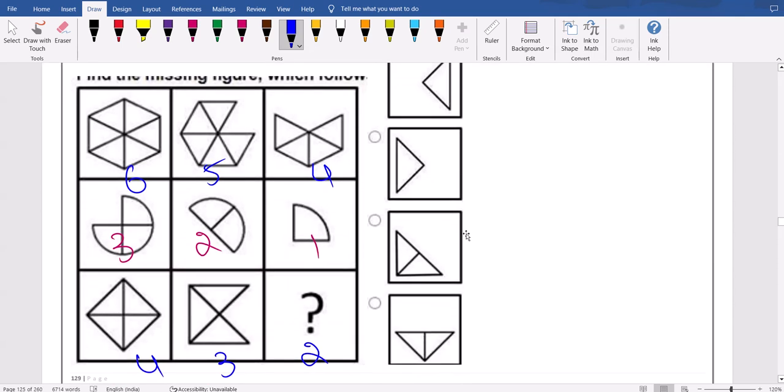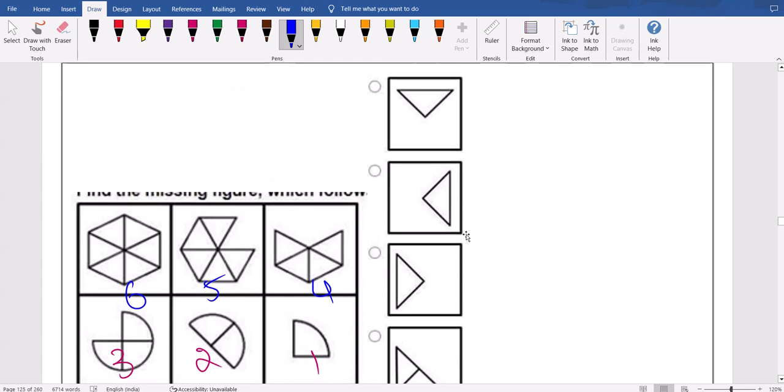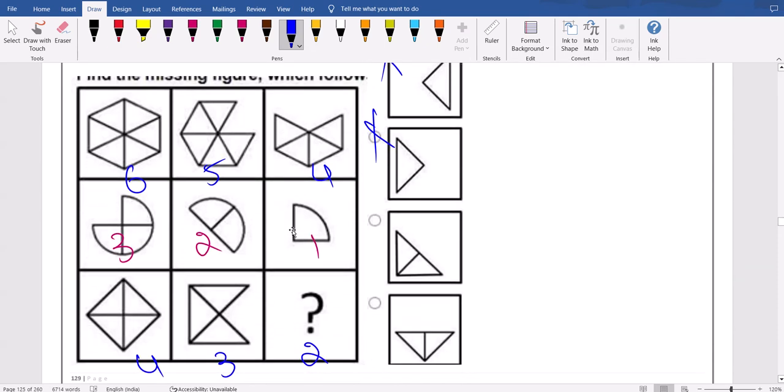That is covering half of the square area. This is not the answer, this is not the answer, this is not the answer. But now among these two, which one? That's the problem. If you observe the first column and last column, they have a similar shape. In that hexagon, first column and last column have a similar shape. In the middle one, it went through some 90 degrees rotation, but finally it should come to the same shape.